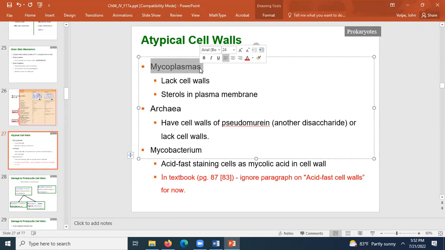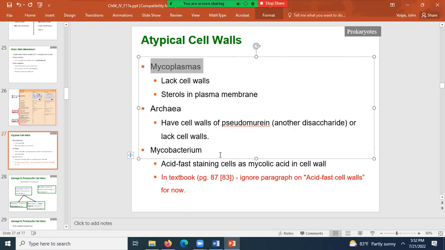You should be able to figure it out too. Nobody's going to take a guess. All right. The mycoplasma stain gram-negative because they don't have a cell wall. So the crystal violet iodine complex washes out of them. And then they're stained by the safranin. So they're gram-negative.